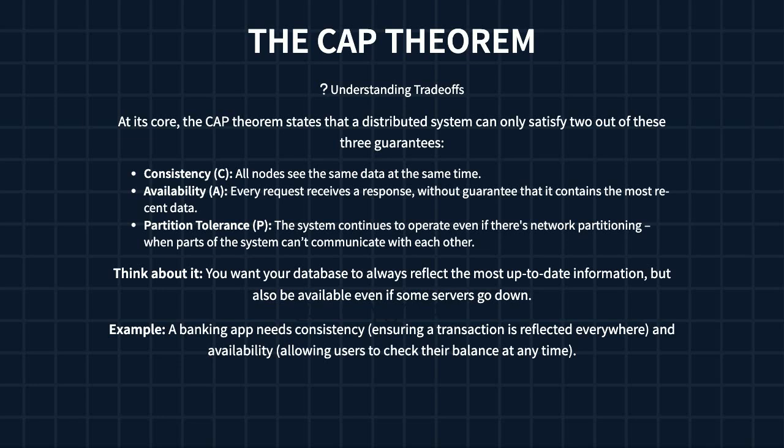Consistency means everyone sees the same data, no stale reads. Availability means your system is always responsive, even if some parts are down. And partition tolerance is crucial. It's how the system keeps running when network problems occur and different pieces of the system can't talk to each other directly. It's a balancing act. You have to choose what matters most for your application.